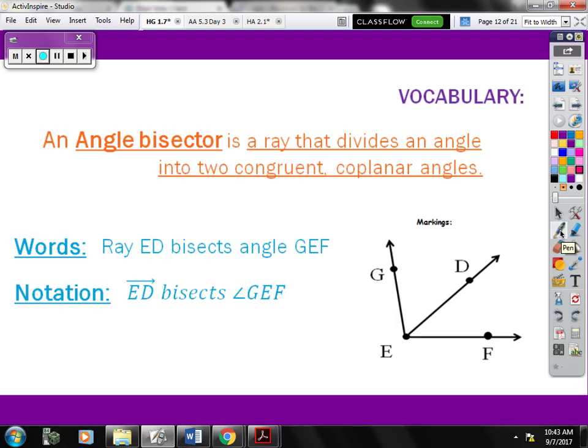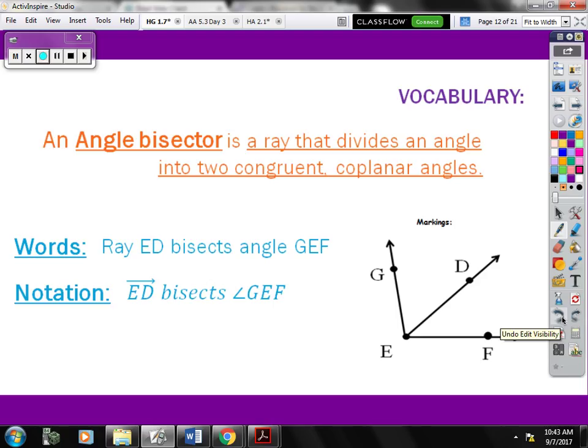So what markings would I have to add in if ED is the bisector of angle GEF? Jax? The congruent marking on GE. You said put congruent markings on GE and EF. At no point does it talk about a segment at all. It talks about an angle. Danielle? We would do little half circles.